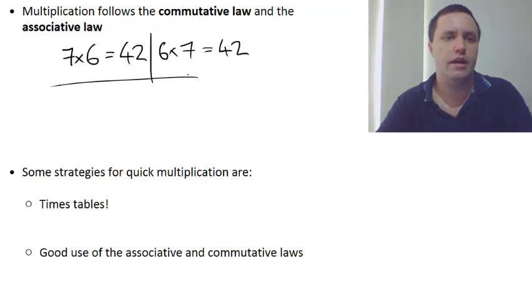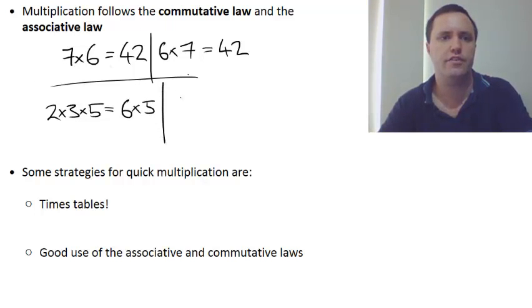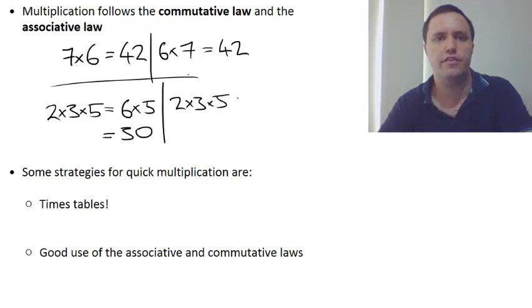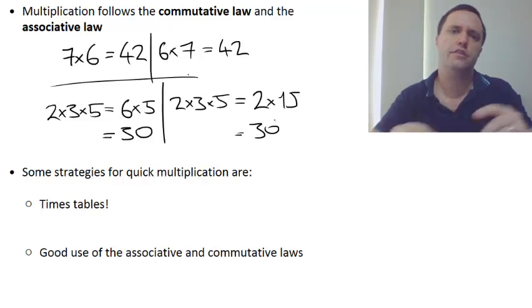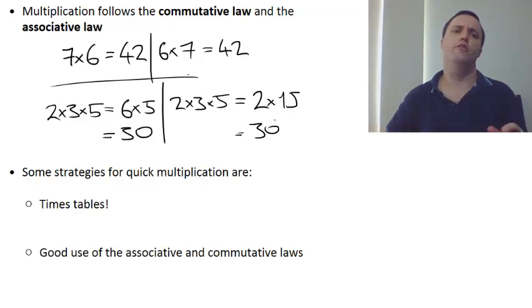It also follows the associative law, so 2 times 3 times 5: we can either do the 2 times 3 first and get 6 times 5, which is 30, or do the 3 times 5 first and get 2 times 15, which is also 30. So it doesn't matter the order in which you carry out multiplication.